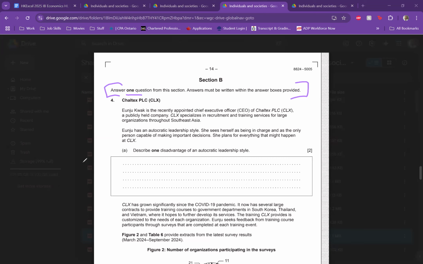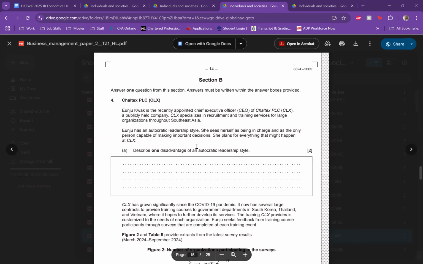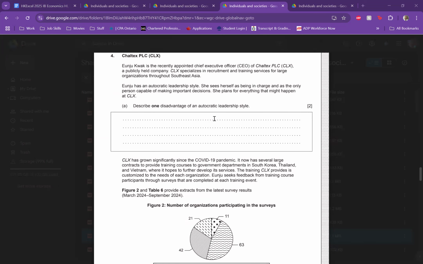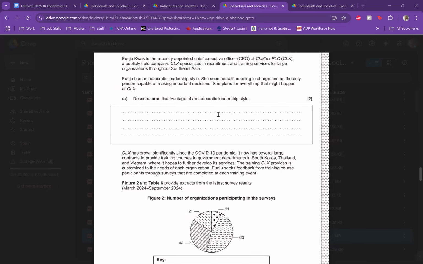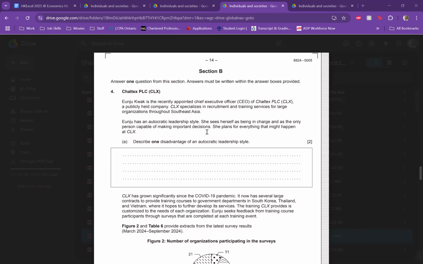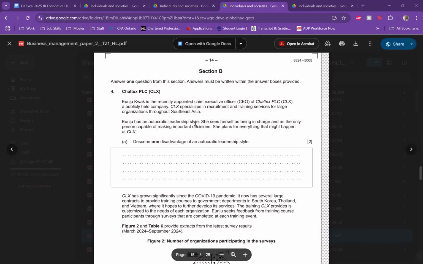Now, section B is going to be less to do with calculations and more to do with theory. So you're given a case study, and the idea here is to apply the concepts that match the question. So here you actually have a choice. What is best practice is first read the questions. You don't have to go through the case study.